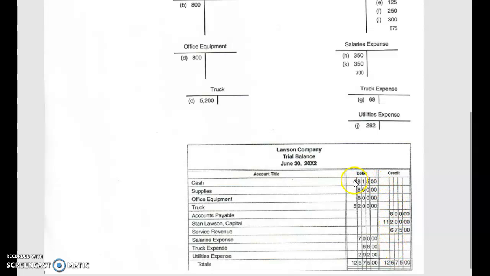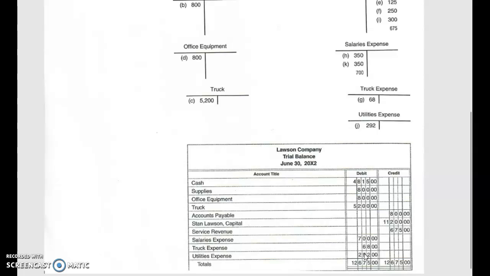You notice that assets have a normal debit balance, so they're here in the debit column. Accounts payable and capital and revenue normally have credit balances, so they are in the credit column. And then your expenses that have normal debit balances are in the debit column.